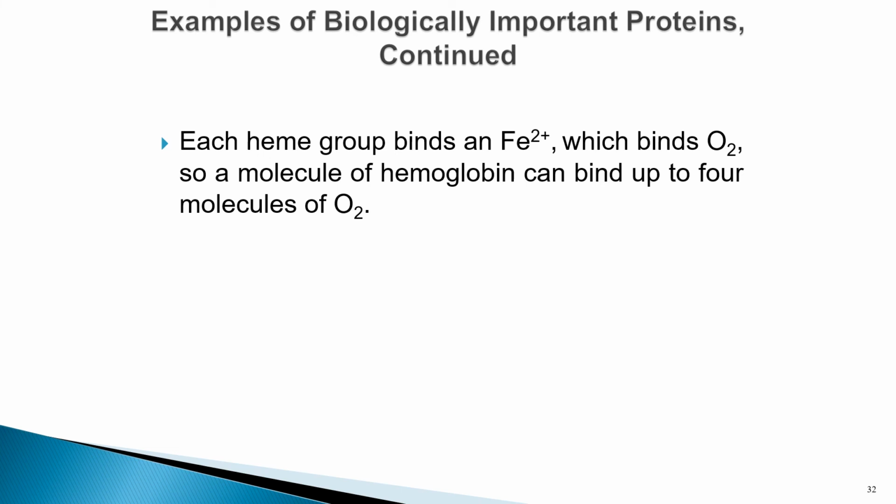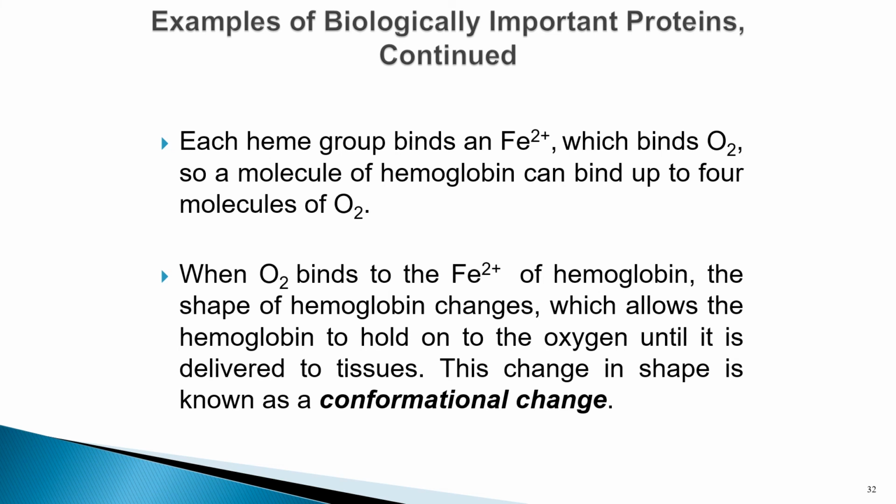Each heme group binds to an iron ion which binds oxygen, so a molecule of hemoglobin can bind up to four molecules of oxygen. When oxygen binds to the iron of the hemoglobin, the shape of hemoglobin changes, which allows the hemoglobin to hold onto the oxygen until it is delivered to the tissue.